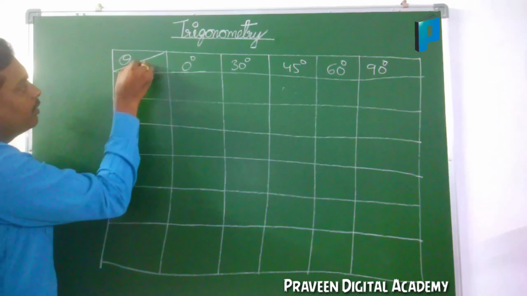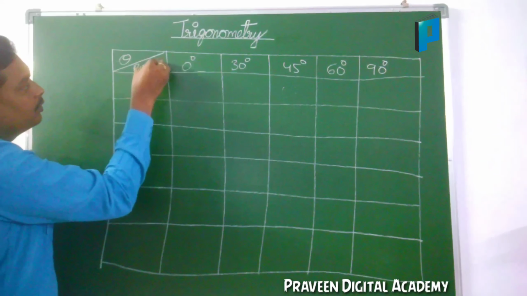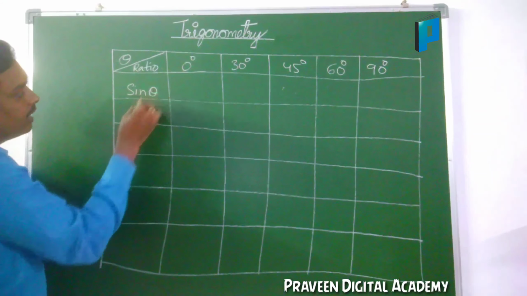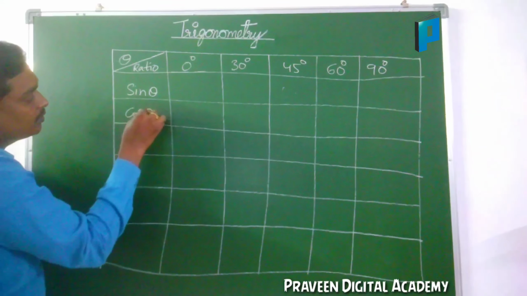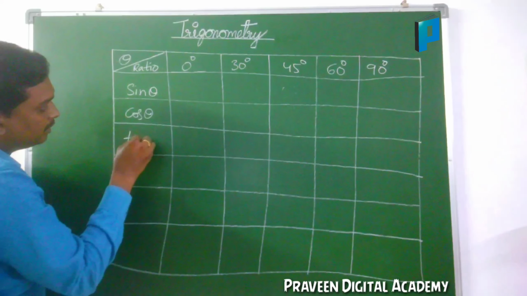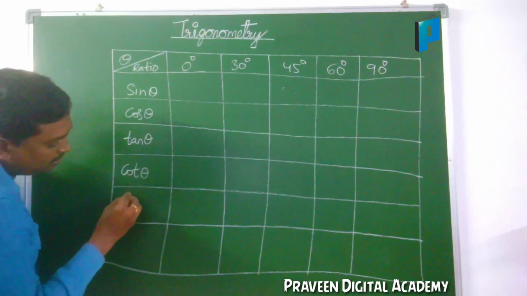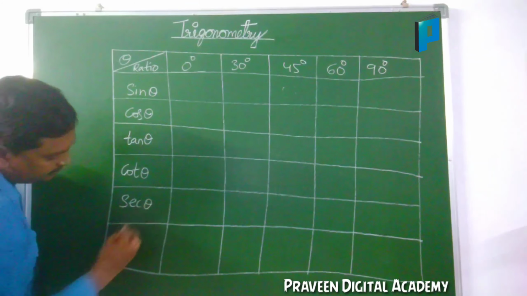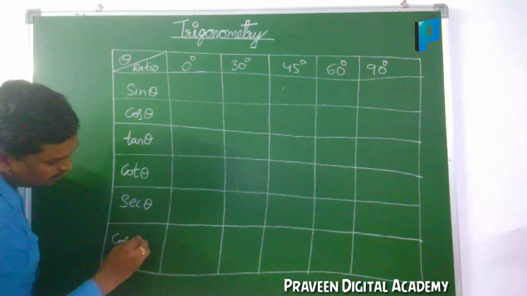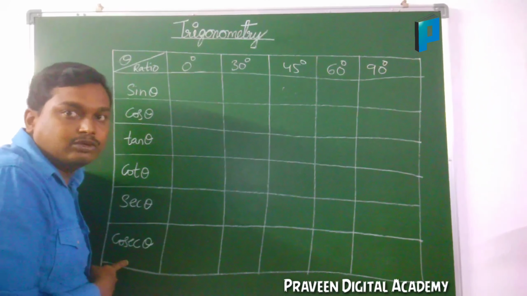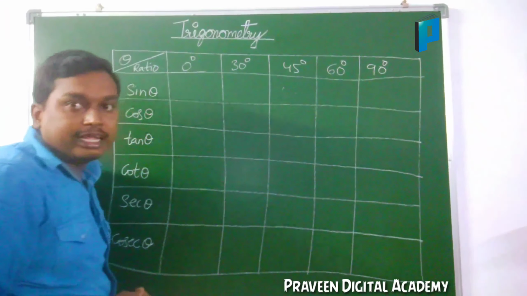And here are the ratios. What are the ratios we are having here? Sin theta, cos theta, tan theta, cot theta, sec theta, cosec theta. These are the ratios and these are the angles.